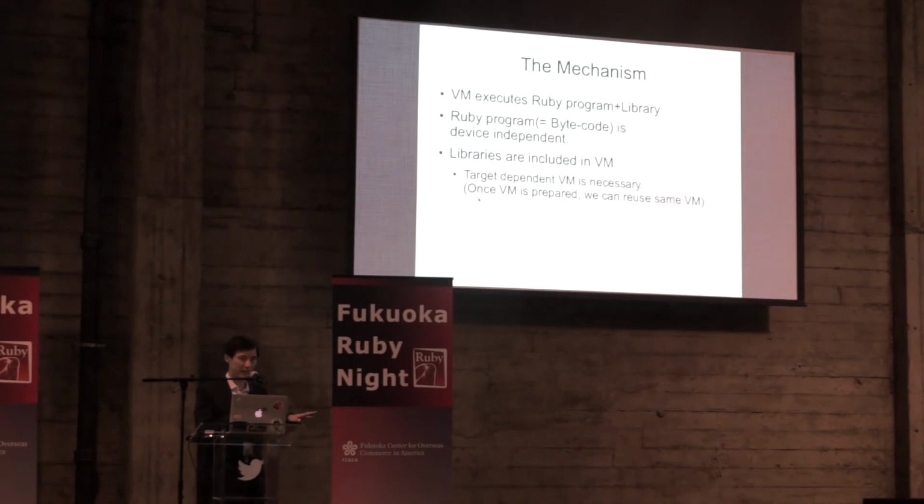If the architecture is different, no problem. And the library is included in the virtual machine. The virtual machine has its own device-dependent library, and the device-dependent library is automatically linked to the Ruby bytecode. So we can execute on many target devices.